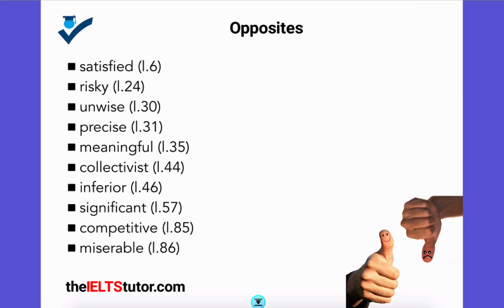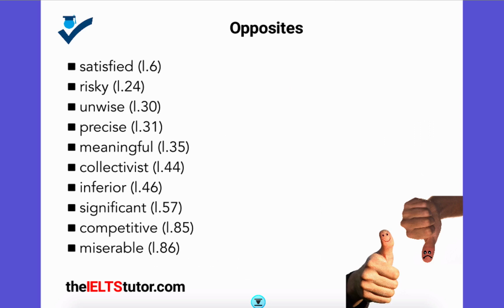So in some cases, you can add a prefix, which means adding a few letters before the word, or a suffix, which means adding a few letters after the word. But in other cases, you may need to think of a completely different word. So this is up to you to consider what you need to do to form the opposites of these words.